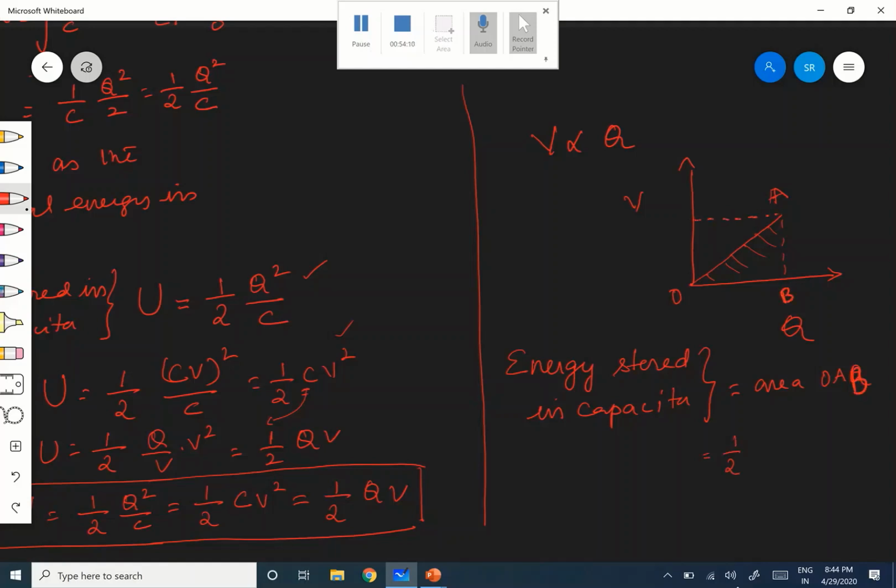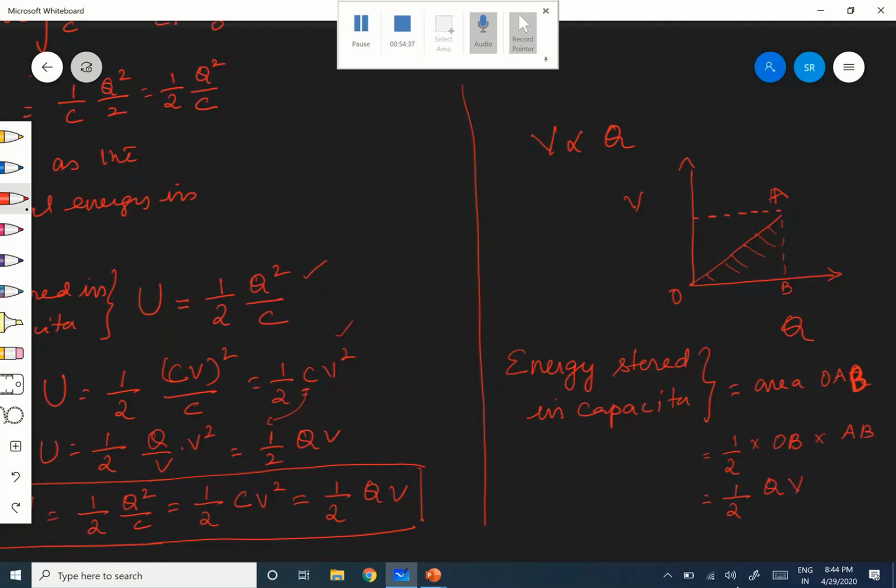Half into OB into AB, that is equal to half into Q into V, half QV.